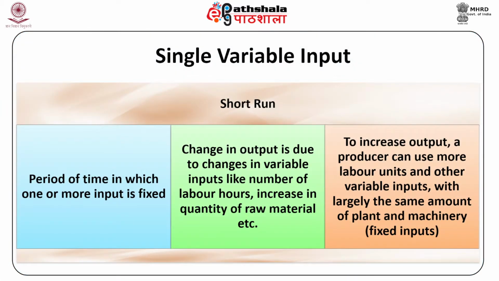Now we will discuss a single variable input. Economists distinguish between the short run and the long run on the basis of use of inputs. The short run refers to that period of time in which one or more inputs are fixed.